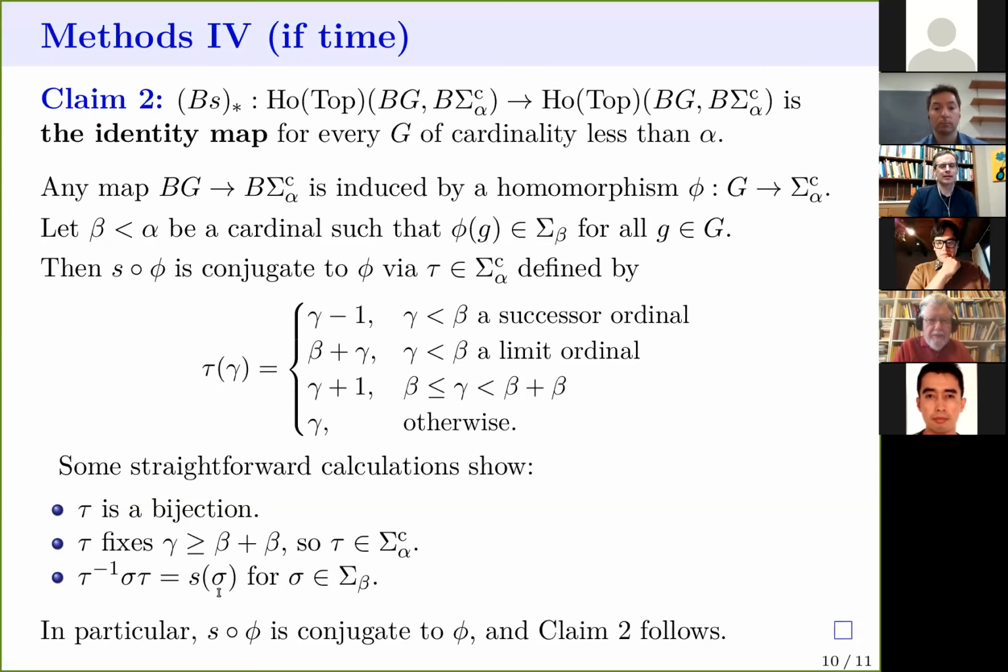For this last argument, you're sort of showing that for a smaller group, although this transformation is not a conjugation in the full permutation group, it becomes a conjugation for smaller groups. Exactly, yeah. Okay, I'm going to think about that.